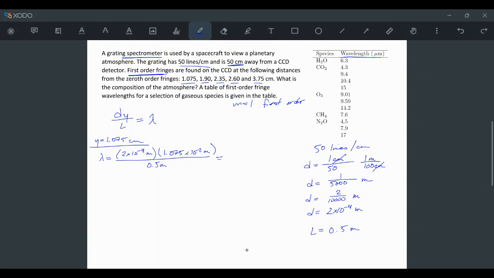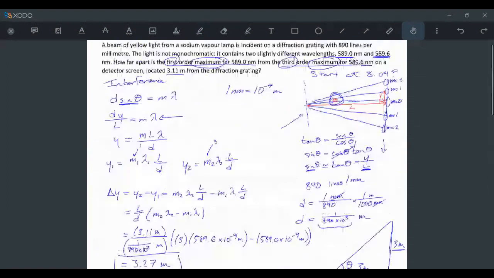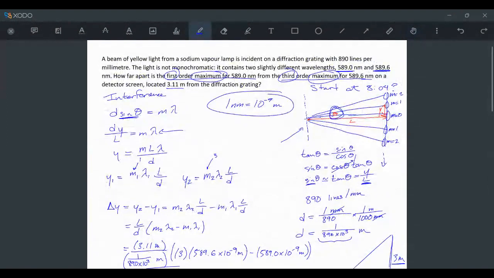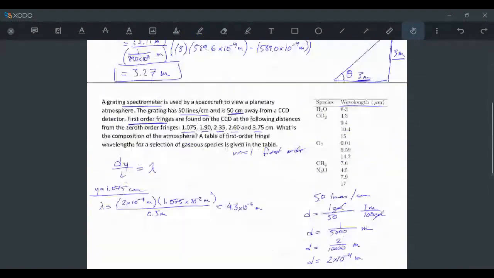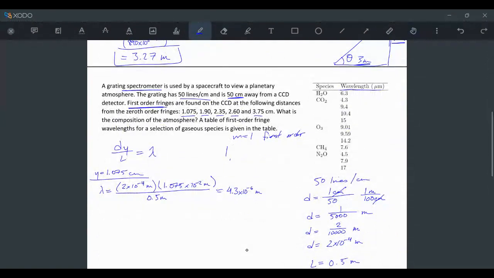And if you plug this into your calculator, make no mistakes, you'll get 4.3 times 10 to the minus 6 meters. And this is another unit that we have to become familiar with. I guess you probably already know it. In the previous question, 10 to the minus 9 meters, that's a nanometer. 1 micrometer is equal to 10 to the minus 6 meters.